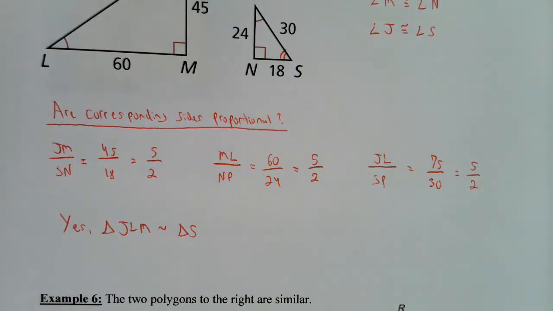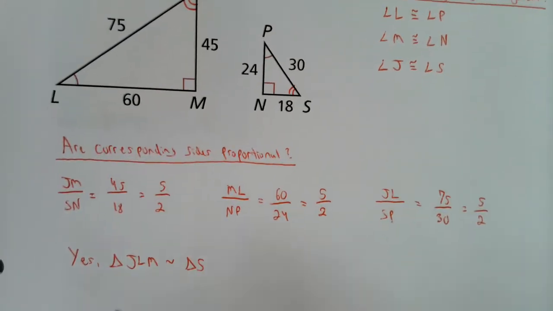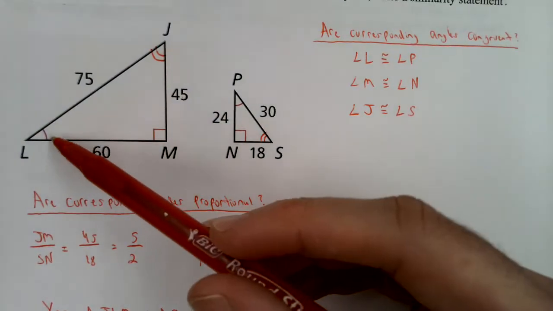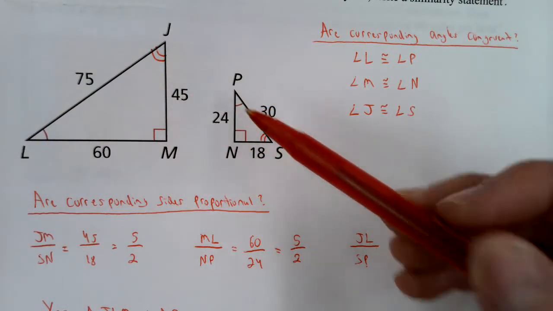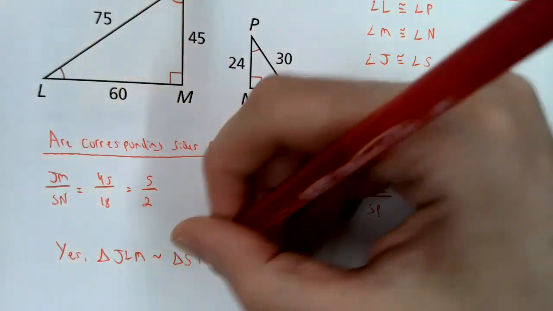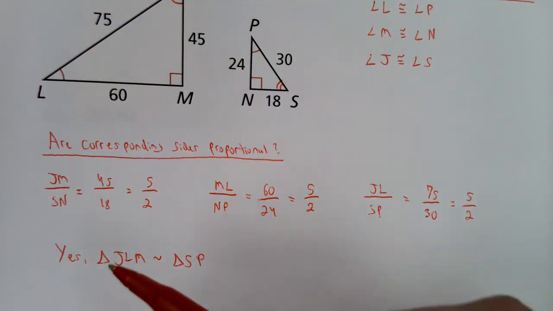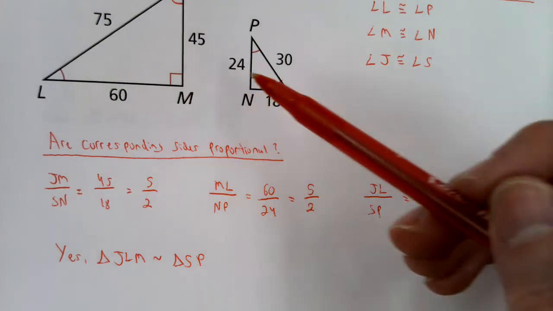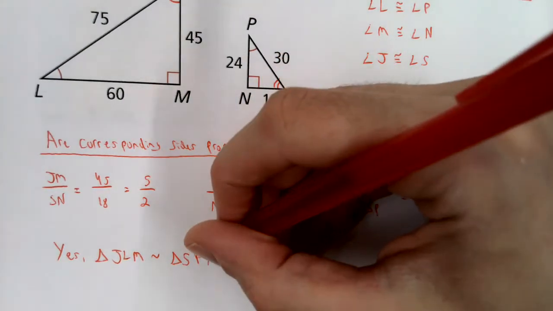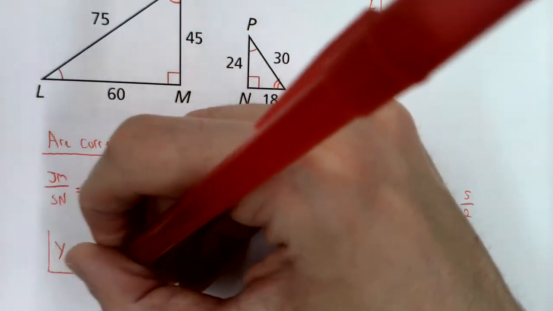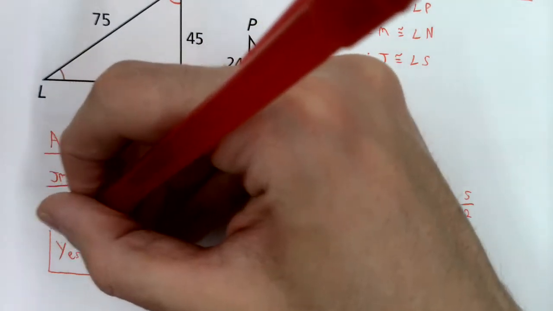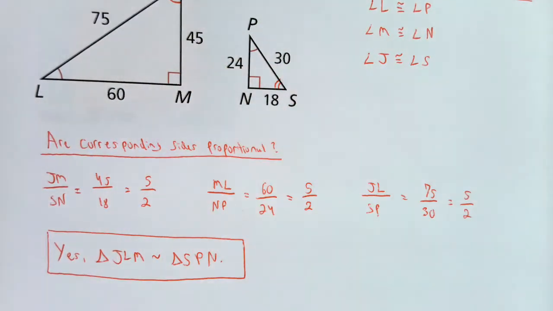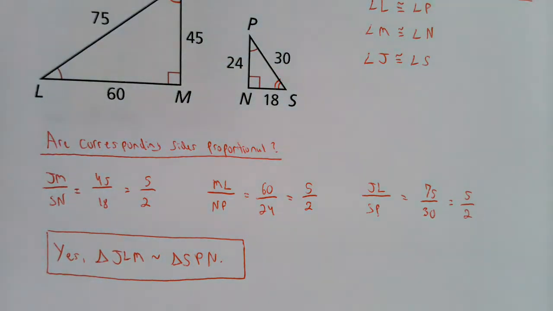Just like with the congruence. I have L listed second. L corresponds to P. I have M listed third, the right angle, that corresponds to N. Now there are shortcuts, but we have not learned those yet. We'll do that in the next lesson.